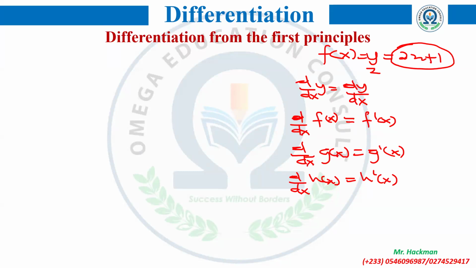In the same way, if the function came with the name f of x and I asked you to differentiate that function from the first principle, you should know that I'm asking you to find f prime of x instead of dy/dx. They are the same, but because the function has a name f of x, you cannot use y for it.